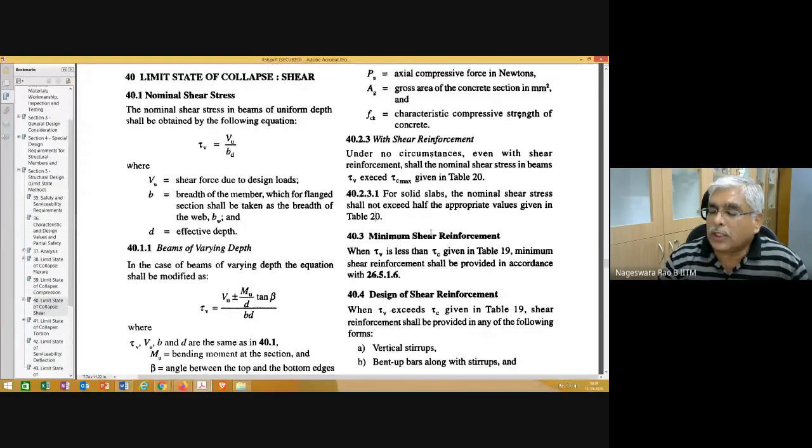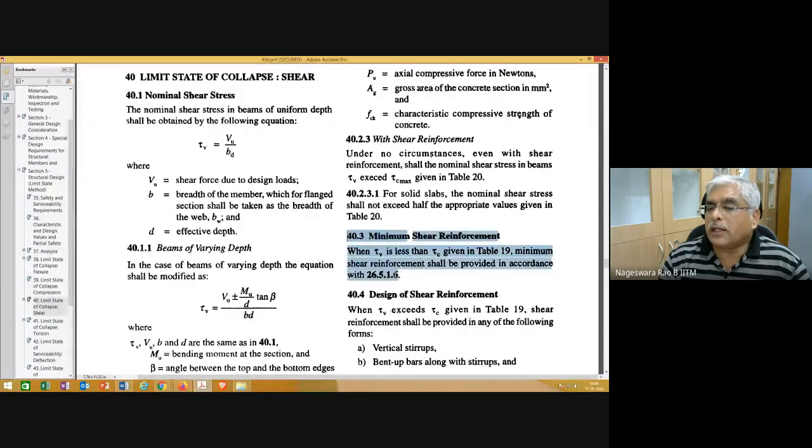So for slabs, you need to take half of that value. Anyway, we'll come back to this at a later stage because our focus is now on beams, flexural members.